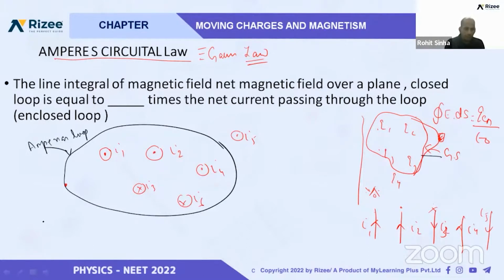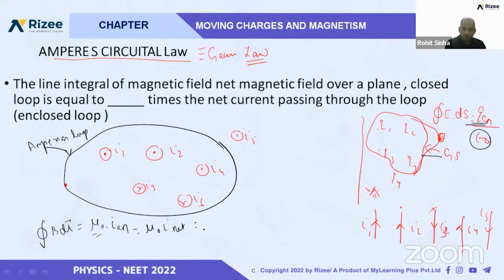If you do closed integration of magnetic field B dot dl, it will be equal to mu naught times I enclosed. Here the constant is mu naught, in place of 1 by epsilon naught, multiplied with I enclosed, or mu naught I net.